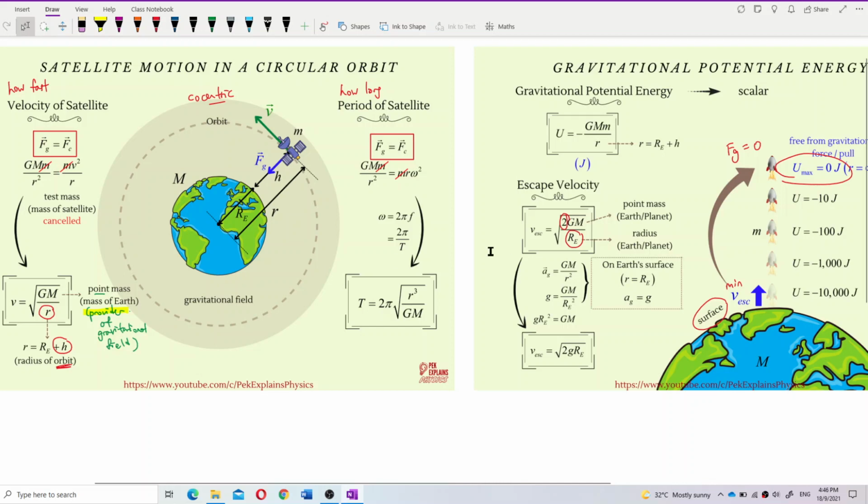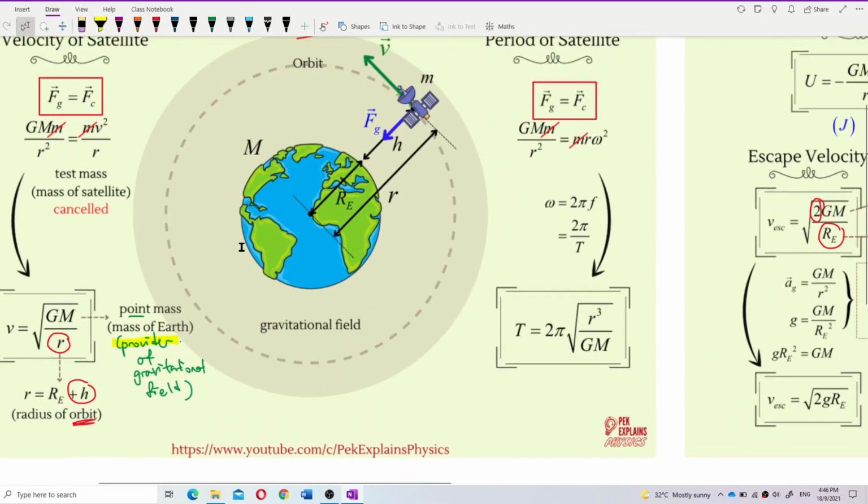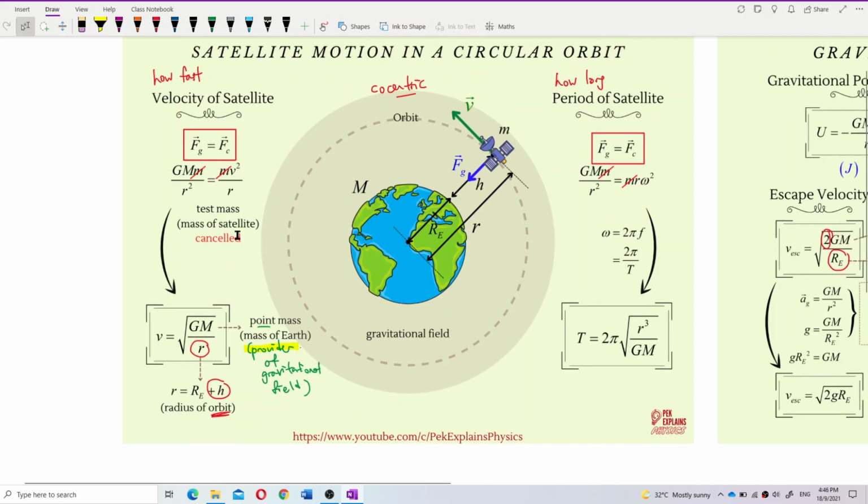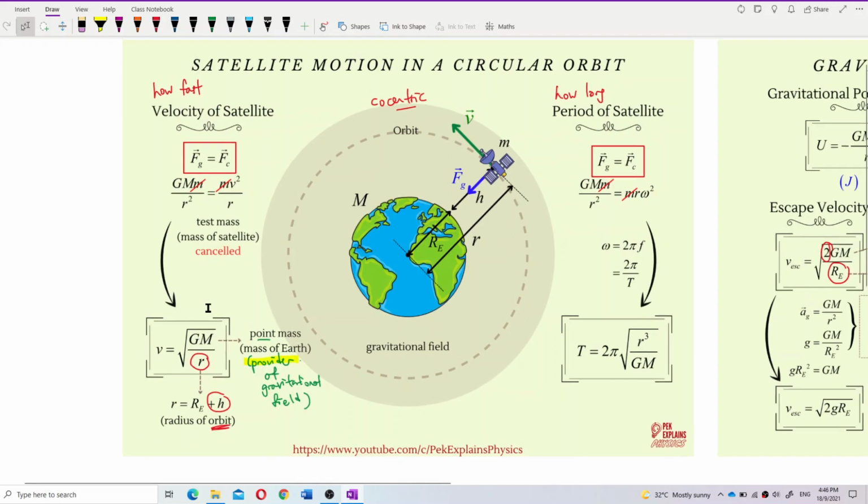Now let's go back to this one. I just want to tell you that this mass over here is the mass of Earth, not the mass of the satellite. Some students will ask me to compare. Let's say now you have a small satellite.